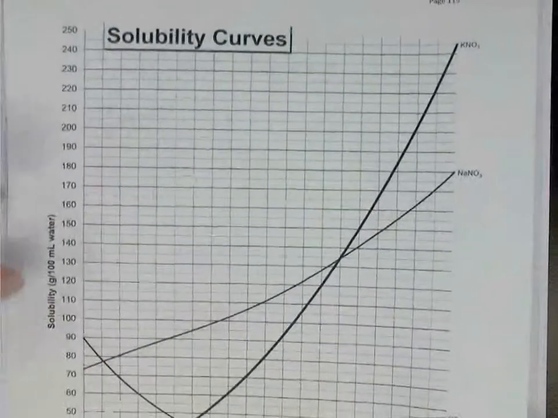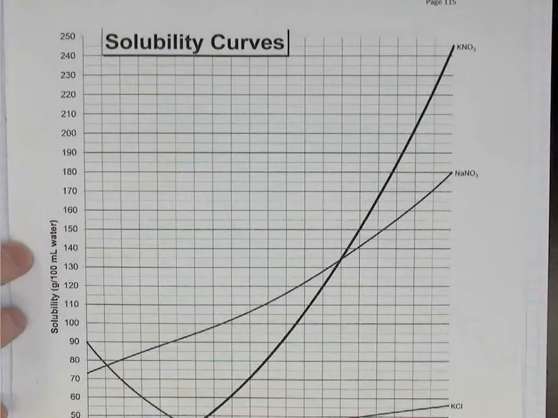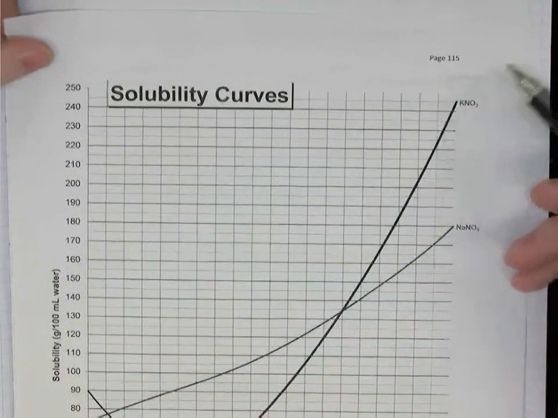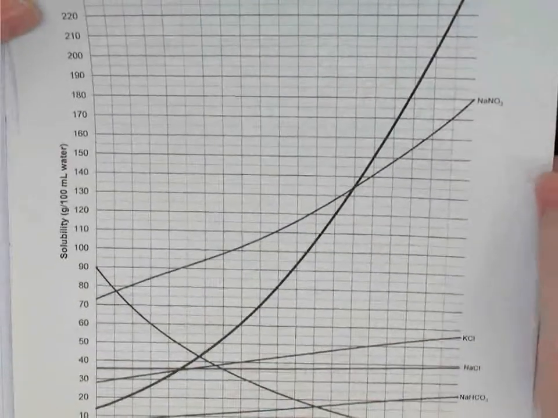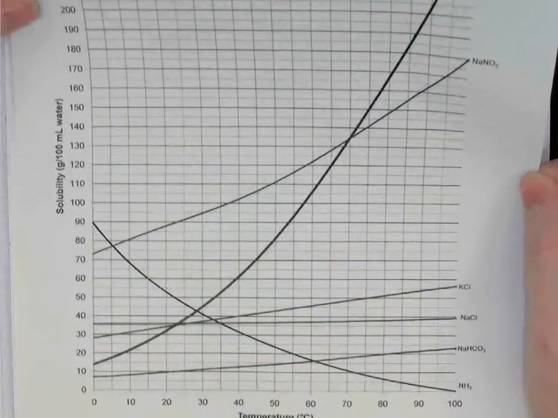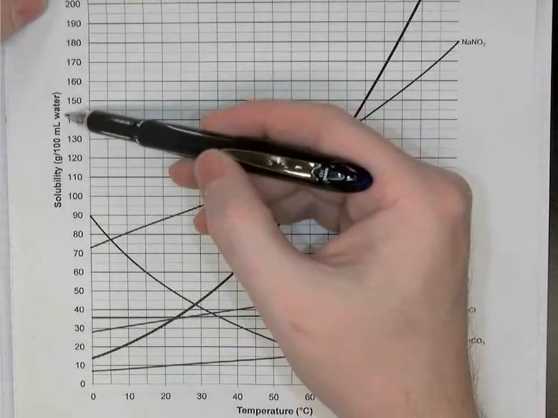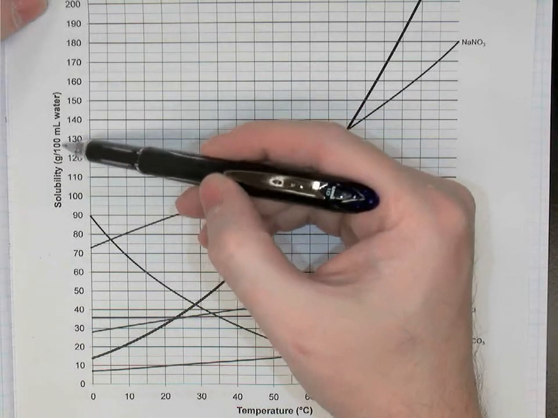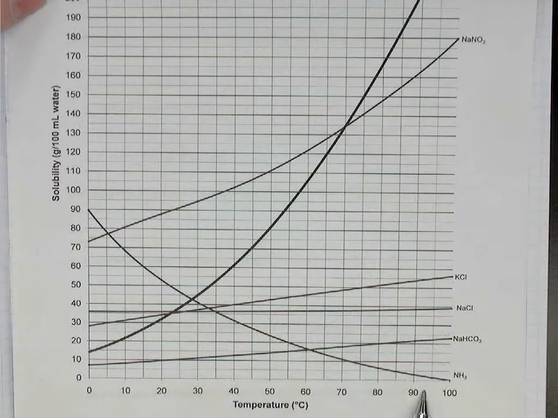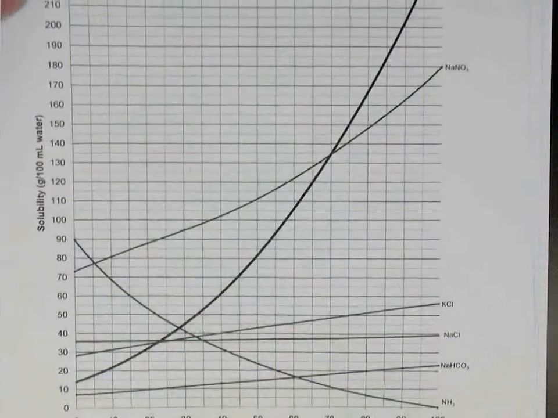You need to have this solubility curves graph available. It's on page 115 in your book, and we also had separate individual sheets handed out so you don't have to flip back and forth. The solubility chart shows us how solubility, measured in grams per 100 milliliters of water, changes with different temperatures for a variety of solutes.